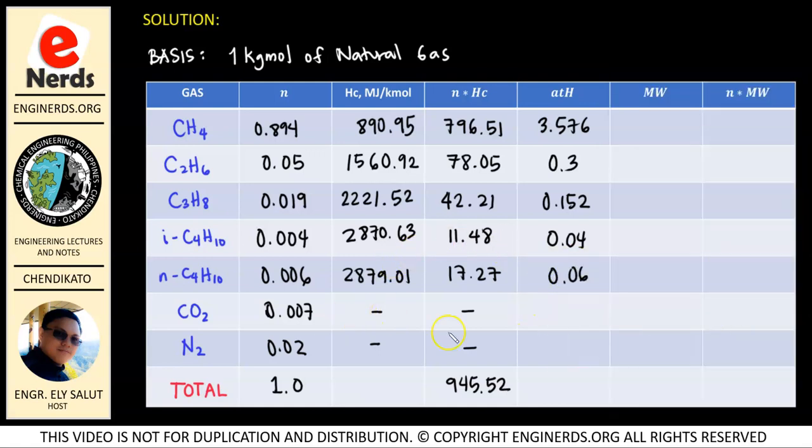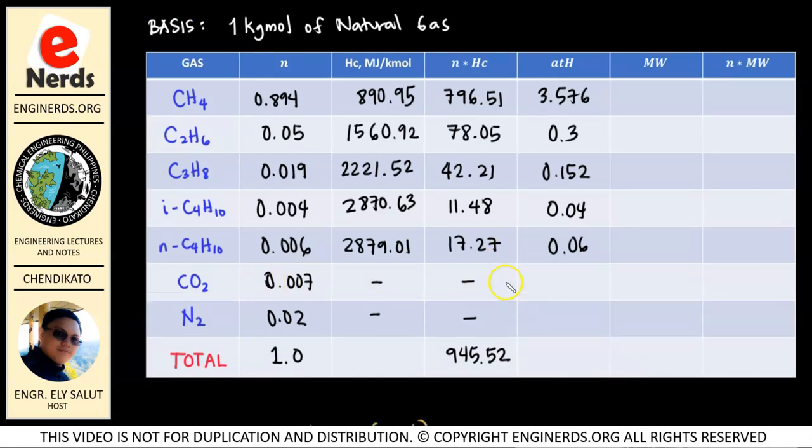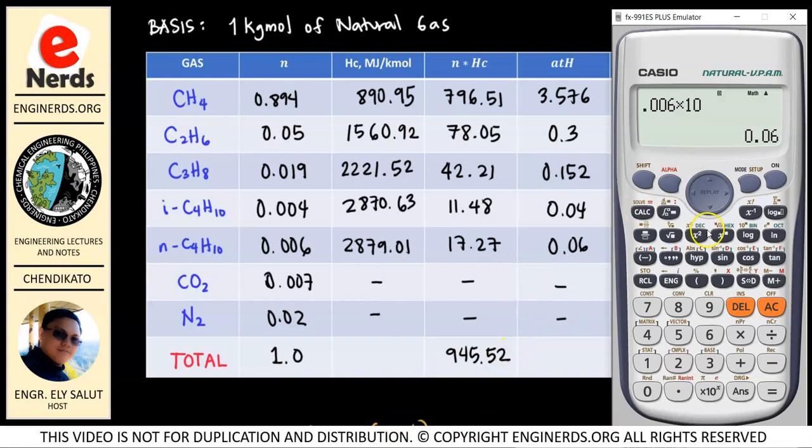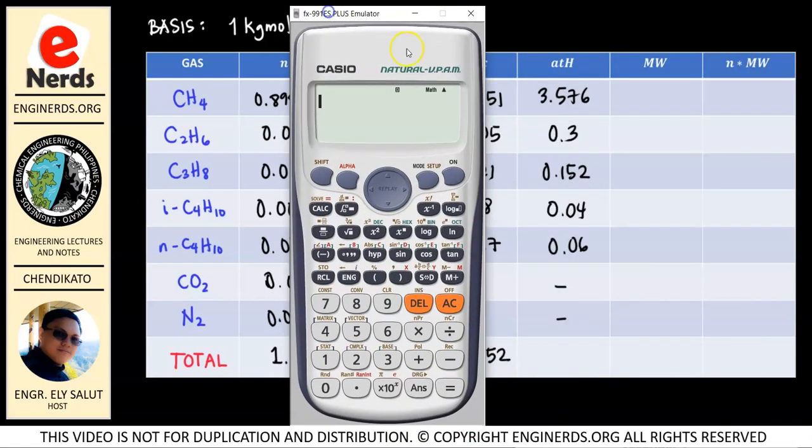Okay, so in here, as you can see, wala naman tayong hydrogen sa CO2 at wala ring hydrogen sa N2. So these are 0. Alright, so kunin natin yung total hydrogen natin. So we will add all of these values na naandito.